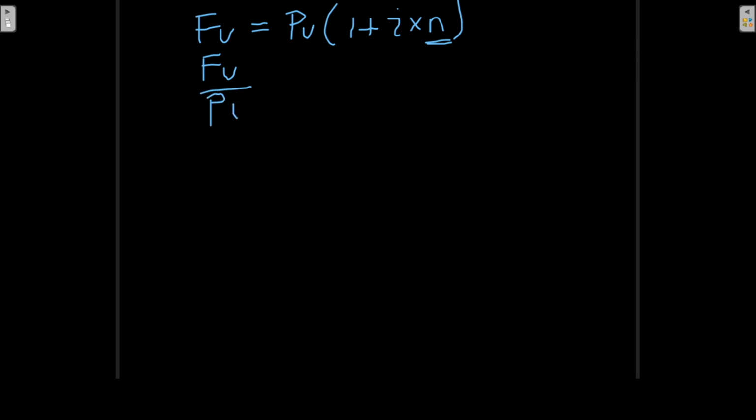Okay, so we start out with our basic formula. And now we would like to find the value of n. So again, we solve this for n. We divide by present value on the left and on the right. So on the right we have 1 plus I times n. To get rid of the 1, I subtract 1 on the right and 1 on the left.